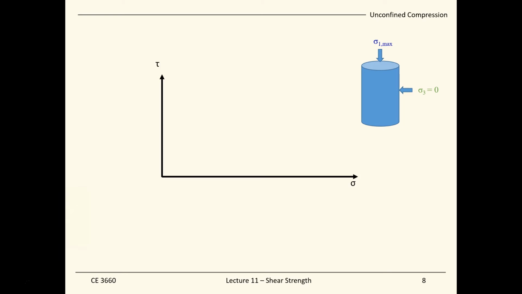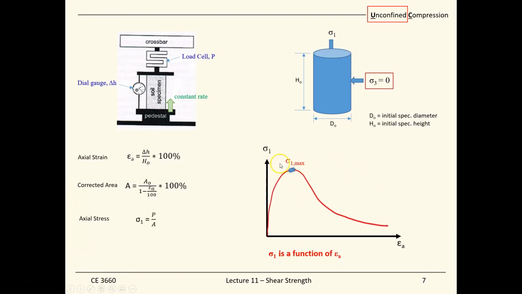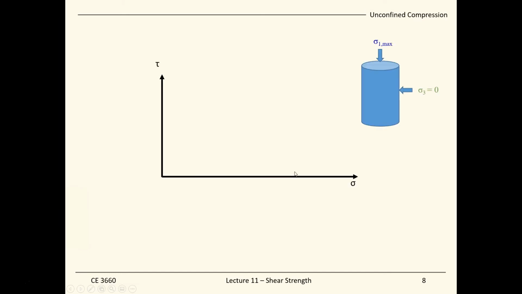But now we just look at one particular stress that we are interested in, which is the failure stress, sigma 1 maximum, which is this one right here. So we just look at this sigma 1 maximum for our Mohr circle analysis now.